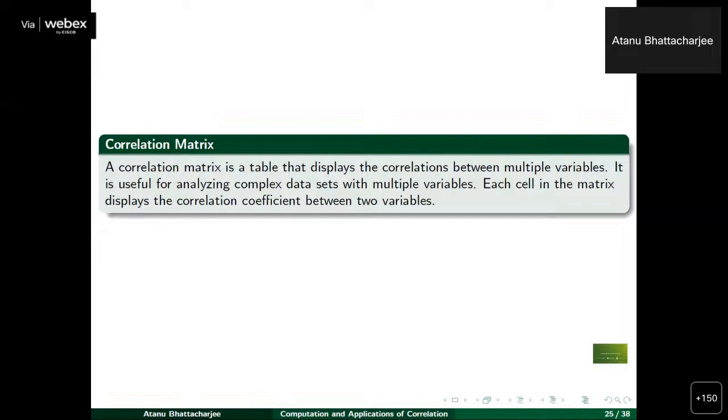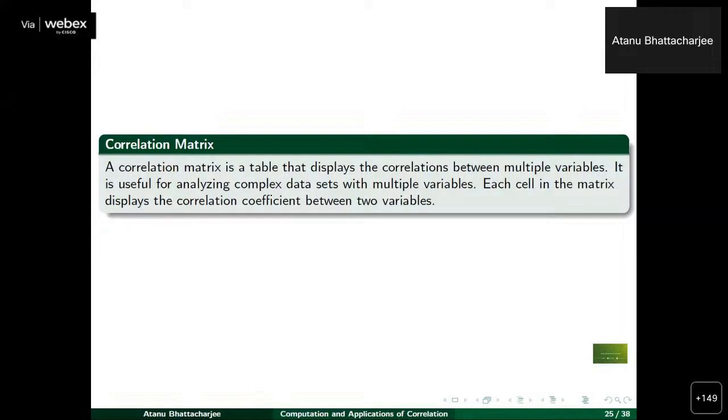In that 10 by 10 matrix, we put the 10 parameters or features along each row and each column. From left to right, let's say age, then height, then weight, and so on, and from top to bottom the same parameters are listed: age, height, weight.